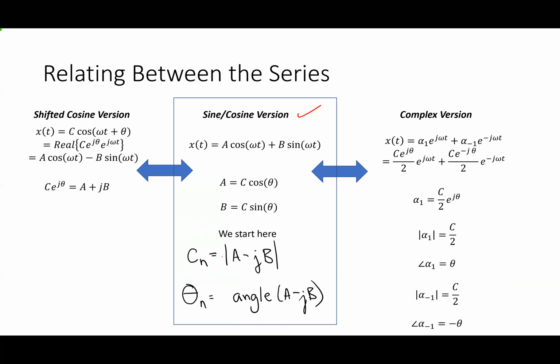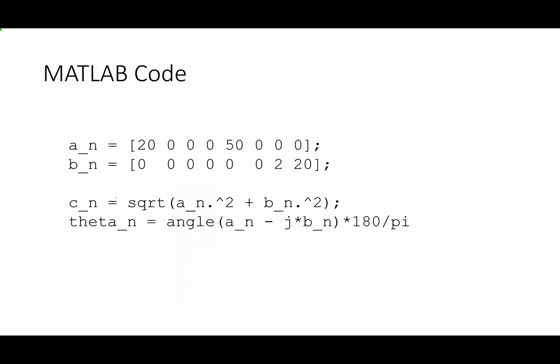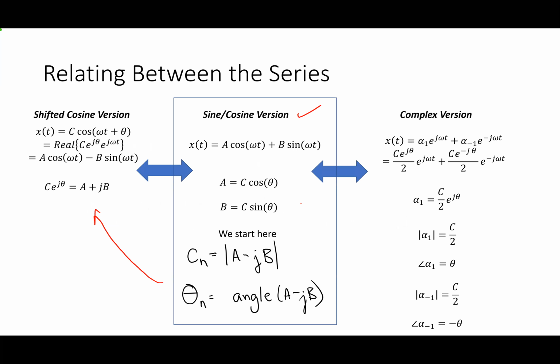So I can think of C as the magnitude of the vector A minus JB. And then the angle of that vector is going to be what I get for this. So to code that, what I did basically was I took the magnitude of the vector.